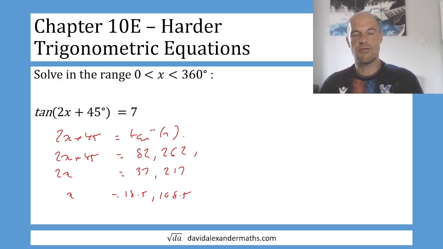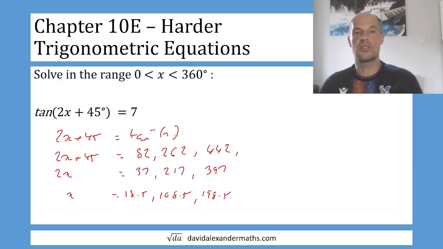So remember that tan repeats every 180. So I'm going to add another 180 to 262. 262 plus 180 is 442. I'm going to subtract 45 from that, which is 397. And then divide that by 2, and I'm getting 198.5, which is still well within range. Okay, so again I'm going to find the next tan solution.